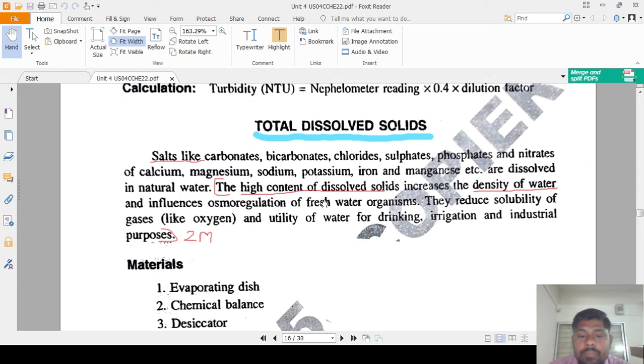Because as the content of dissolved solid increases, they increase the density, and because of that they reduce the solubility of gases like oxygen, and because of that the oxygen content in the water is decreased. They also reduce the utility of the water for drinking, irrigation and industrial purposes.